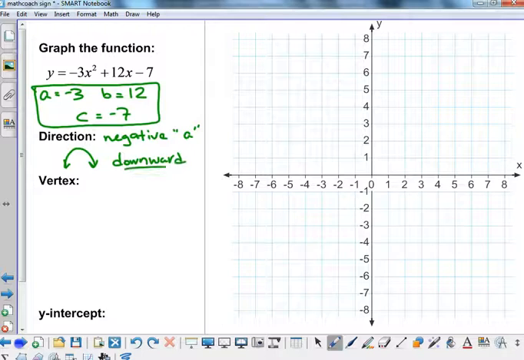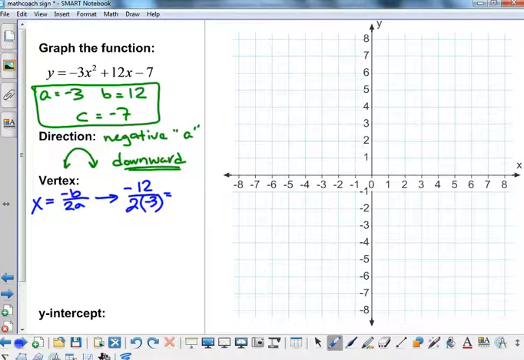Okay, so this one's going to look a little different than our last one that was pointing upward. Real quickly, our vertex we can find by using x is equal to negative b over 2a. In this case, b is 12, so that would be negative 12 over 2 times a, which is negative 3.